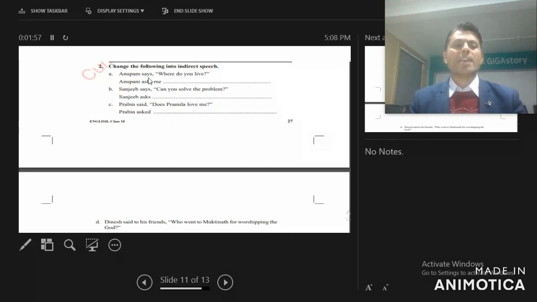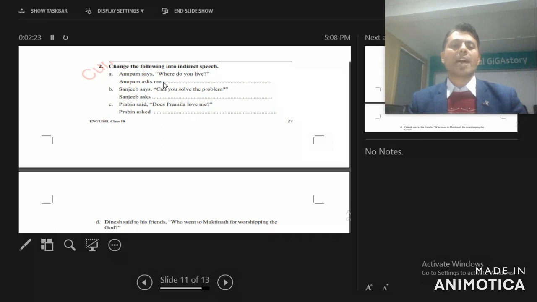Now remove this comma, and you have to use the same wh- word to connect the reporting part and reported part. Anupam asks where, then there is "you", second person pronoun, according to, let's say, the object is me here. Anupam asks me, right?